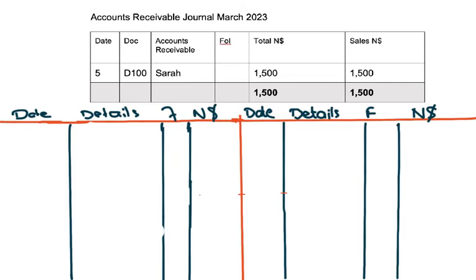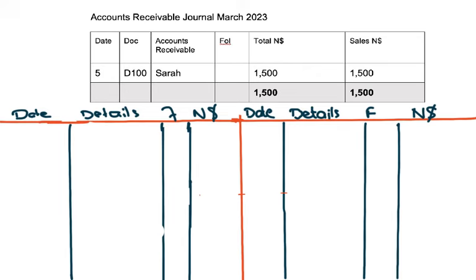Our first journal that we will look at is the accounts receivable journal. And remember, it can be called the sales journal or the debtors journal. So this is when you do sales on credit. So in other words, you will have a customer, your accounts receivable, and you will have sales.